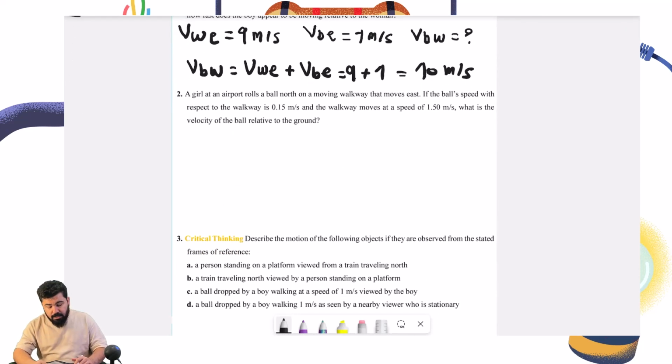Question 2, a girl at an airport rolls a ball north, and a walkway that moves east. If the ball's speed with respect to the walkway is 0.5 meter per second, the ball was going to north.